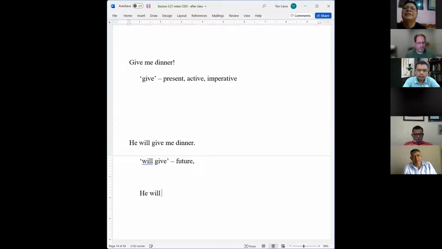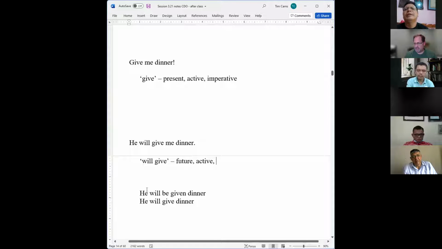He will be given dinner. That's passive, but he will give dinner. That's active. So here, this is active. You just have to ask yourself the subject, is he doing the action or is the action being done to him? Okay. How about the mood? Indicative. Yes. It's a statement of fact. He will give me dinner. All right, good.